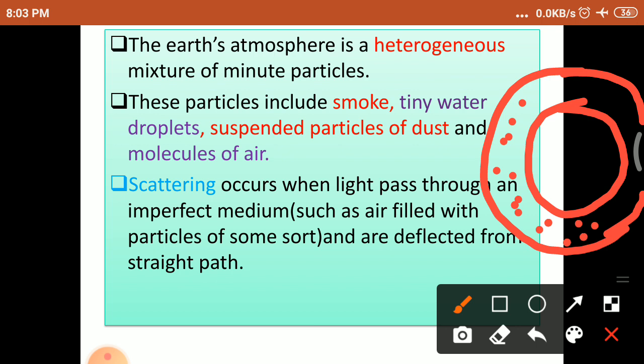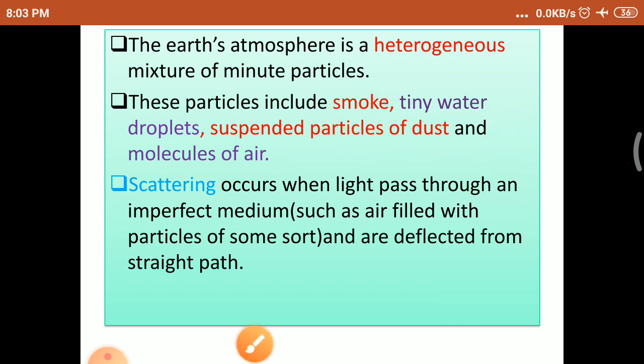Example: it includes smoke, tiny water droplets, suspended particles of dust, and molecules of air.